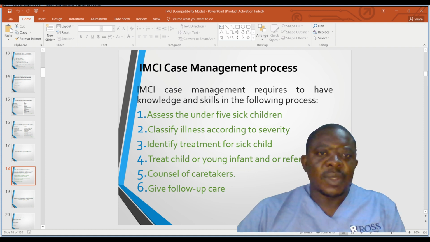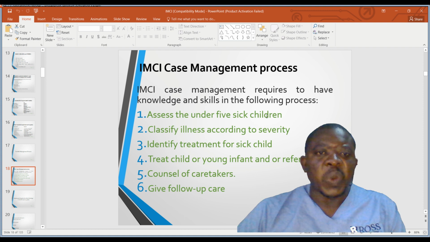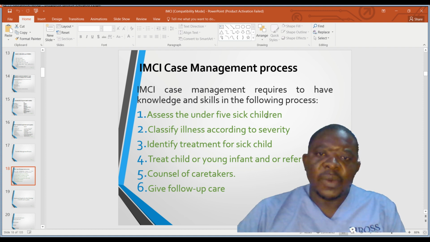It requires knowledge in assessing under 5 sick children. 2, classification. It requires knowledge in classifying illness according to severity. Number 3, identification. It requires knowledge in identifying treatment for sick children. Number 4, treatment. It requires knowledge to treat the child or young infant and or refer the patient.